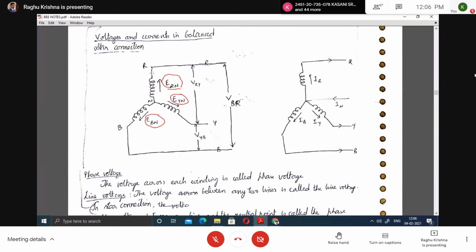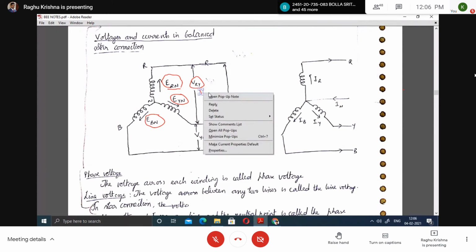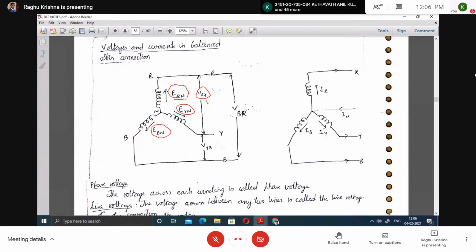Next, coming to the line voltage. The voltage between any two lines is the line voltage. So here VRY is the line voltage.